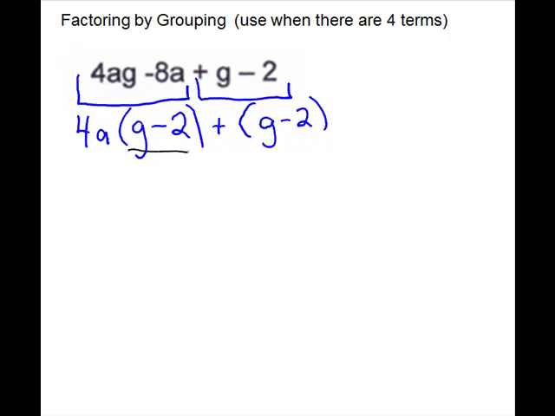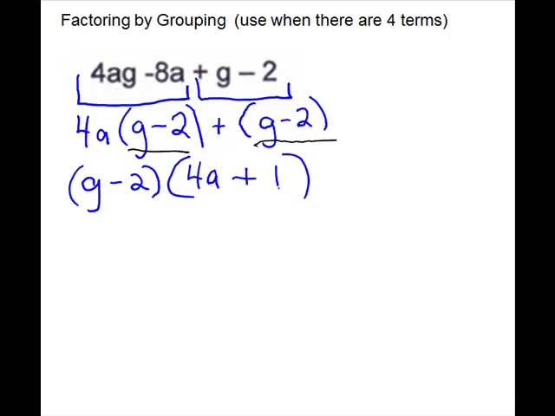And we have our common binomial, so we'll take that out. To get back to the line above, for the first term, we're missing 4a. For the second term, you have to write something. You have the g minus 2, so you would have to multiply by a 1 to get back there.